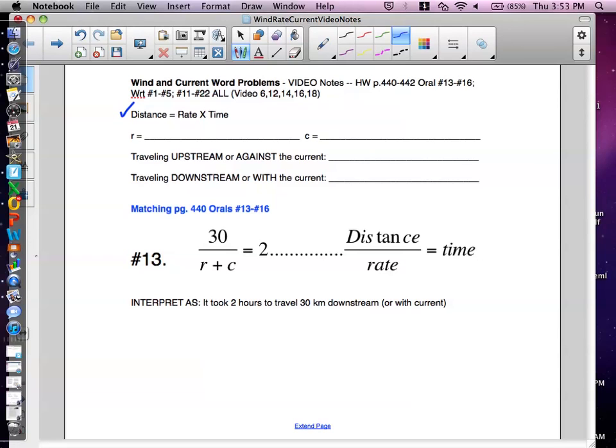And now R in our formula will stand for our rate in still air or in still water. No current or no wind. And then C will now represent the current or the wind, the rate at which either the current in the water or the wind in the air is moving and how it affects you.